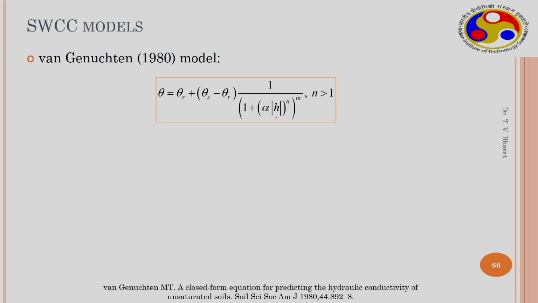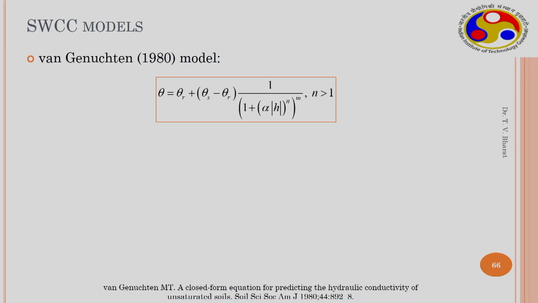So here this mod indicates that h should be a positive value, or alpha h should be positive, because the expression is in terms of matrix suction head, and matrix suction head is a negative value, so you will get complex numbers if n is a real number.